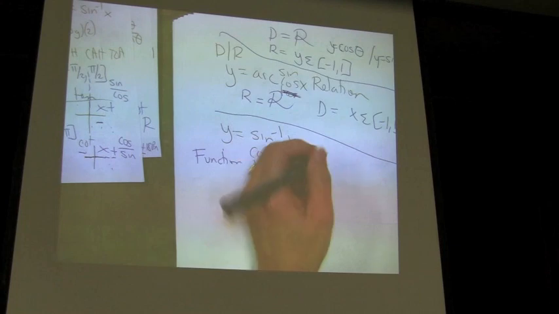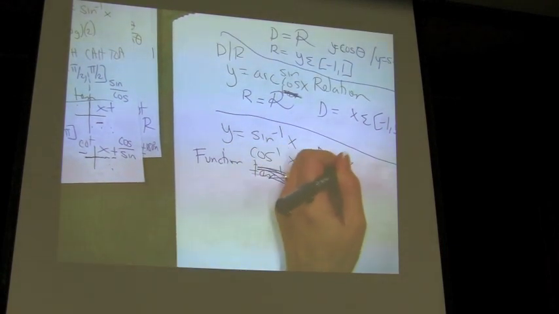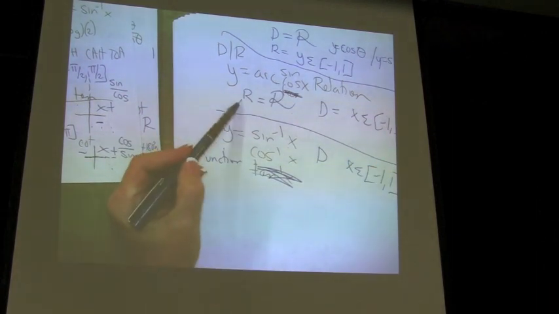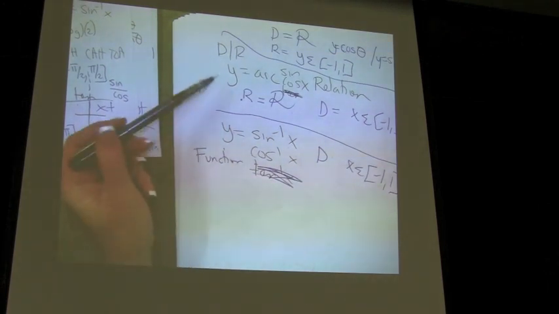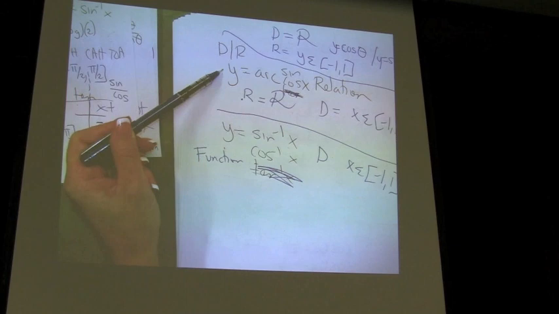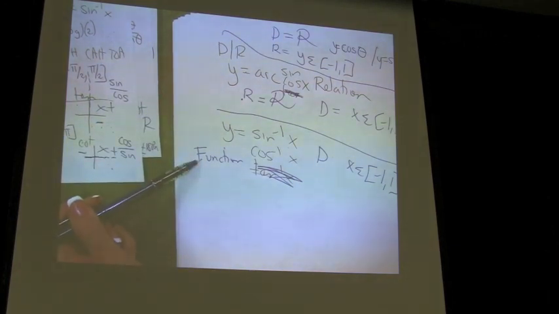The domain will still be x as an element from -1 to 1, but the range will not be all real numbers. It will be the principal branch. Because this is a relation, it doesn't pass the vertical line test. This is a function, it does.